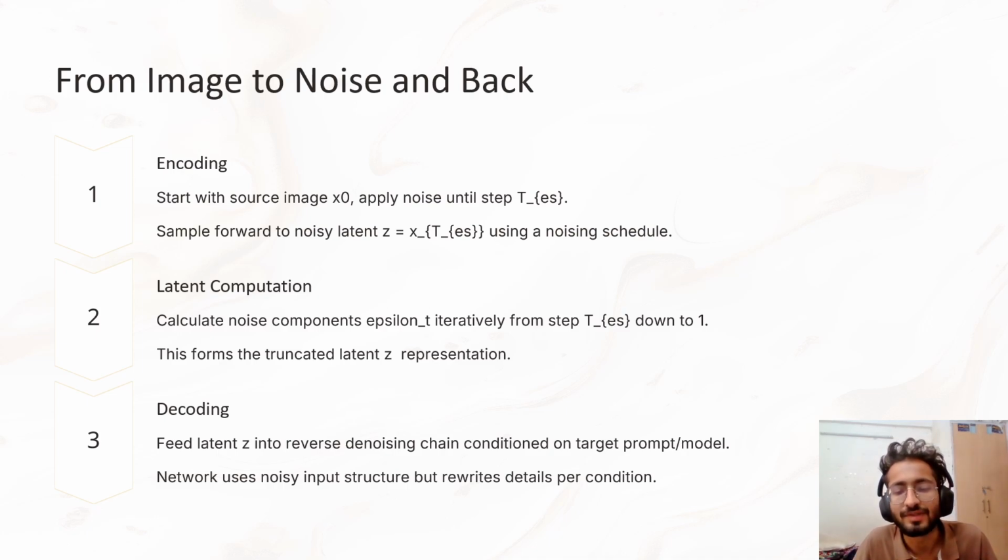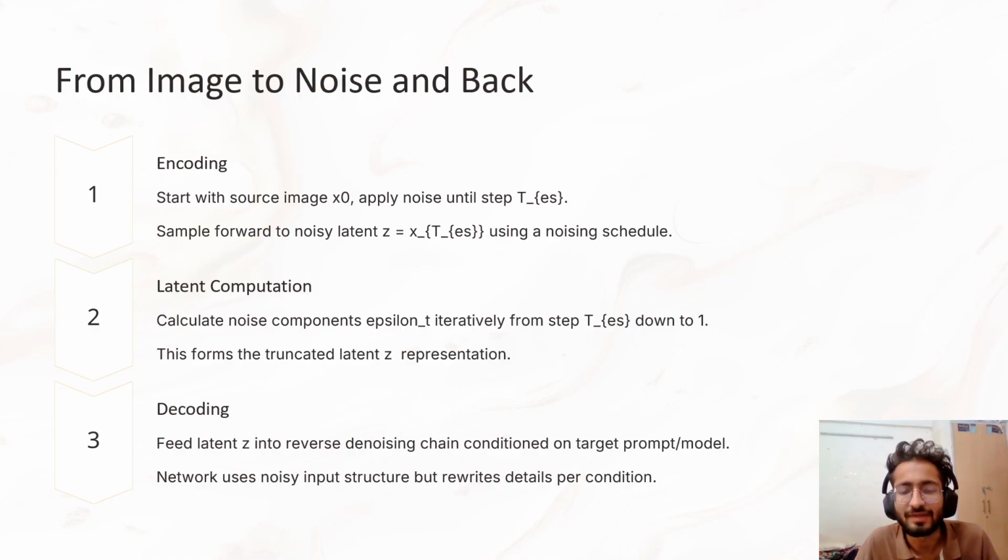The sequence of this predicted noise value implicitly captures the truncated latent. This latent embeds the structural and content specific information of the source image but stops short of complete destruction, full noise.